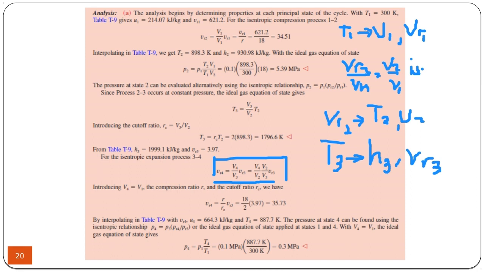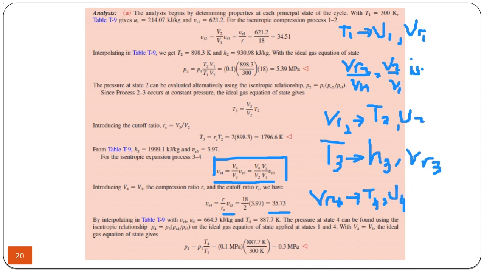Then by using the cutoff ratio also, we can find the VR4. From the VR4, we go to the table again, and this time we read the values of T4 and U4.